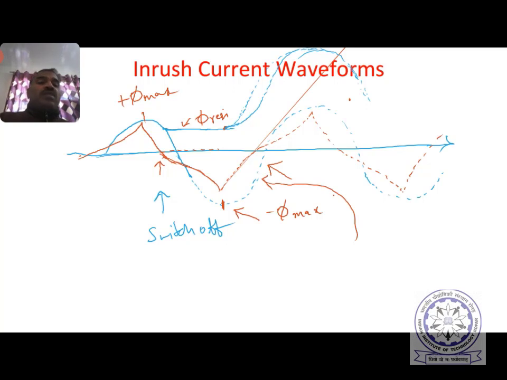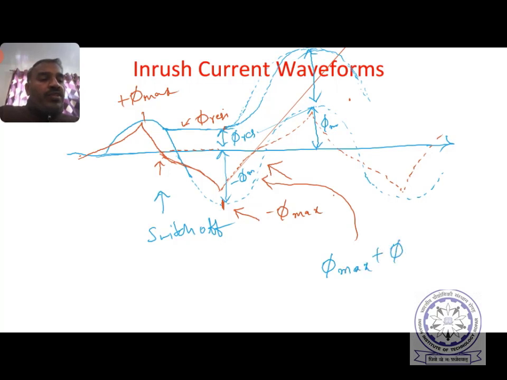You see how much the flux is increased. So if you compare, what is this magnitude? This magnitude is minus phi max and this magnitude is phi residual. Therefore, if there is no decay in the flux, then this is again phi max, right? And if there is decay, this difference continues to be the same, phi max plus phi residual. So the total difference is phi max plus phi residual.